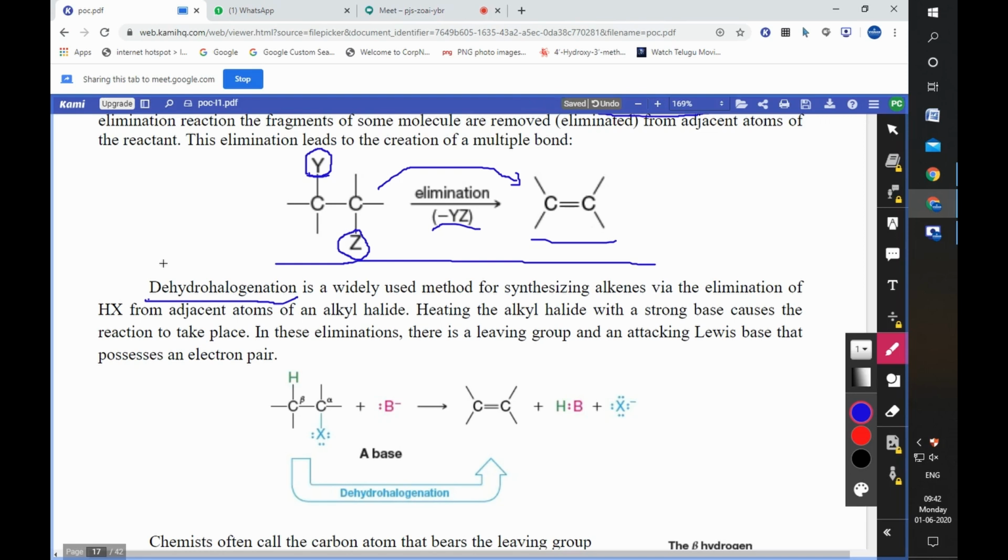Already we have discussed it while discussing the preparations of alkenes, right? De means removal, minus, and hydro means hydrogen, removal of hydrogen, and halo means removal of halogen, right? So dehydrohalogenation is nothing but removal of a hydrogen halide. It is one of the best examples for elimination reaction.